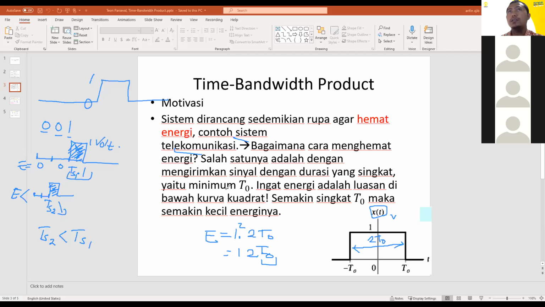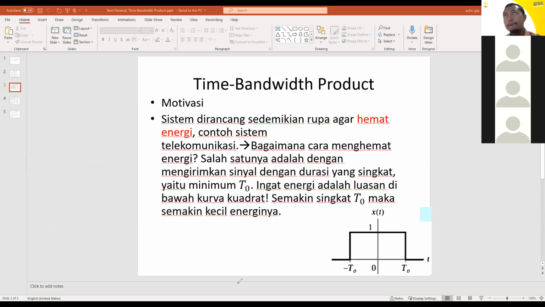But we should consider the bandwidth of the signal. What is the bandwidth then? I hope you already clearly understand the relation between the energy and the duration of the signal.